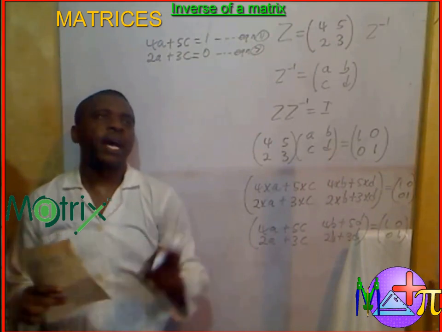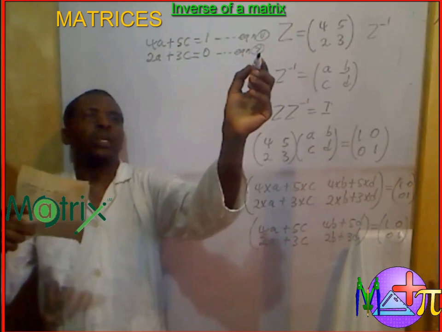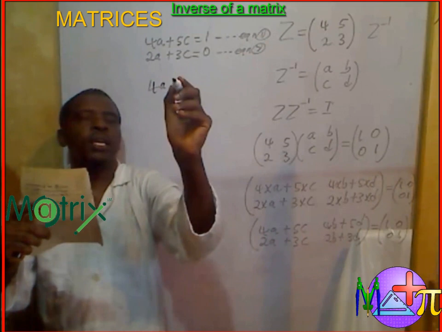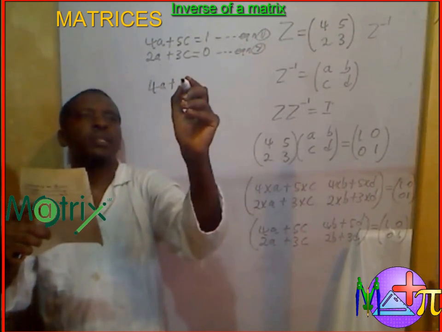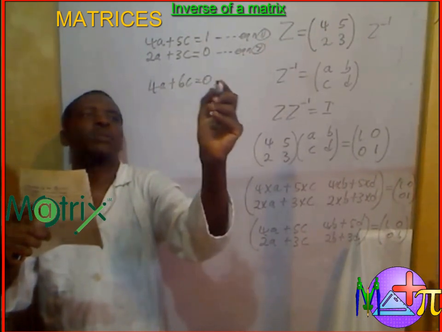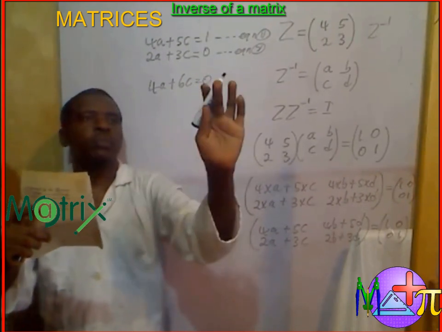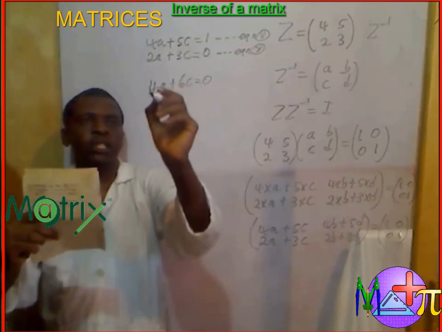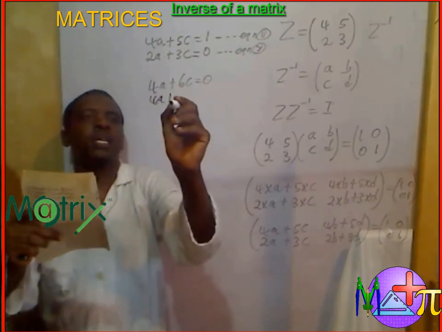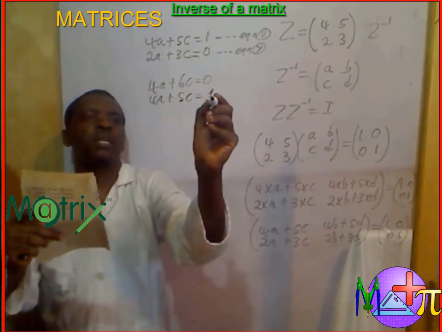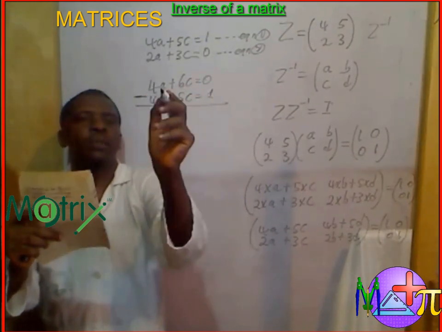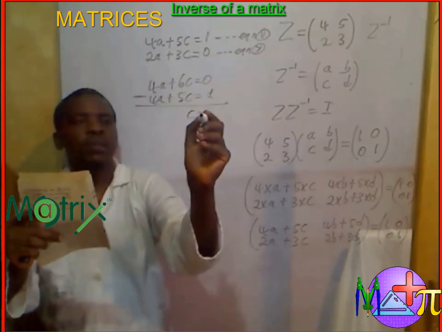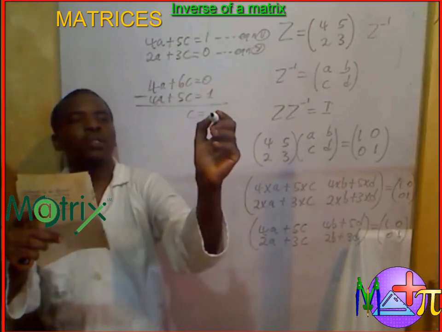If I multiply equation 2 by 2, this will give me 4A plus 6C is equal to 0. So I want to solve by elimination method. I bring down equation 1. This is 4A plus 5C is equal to 1. Let's subtract those two equations. 4A minus 4A is 0. 6C minus 5C gives me C is equal to 0 minus 1, which gives me minus 1.